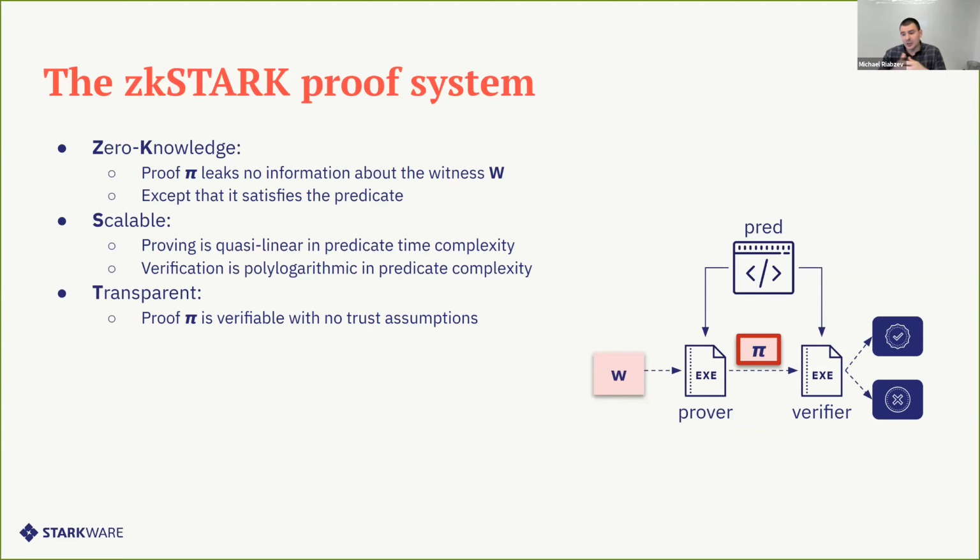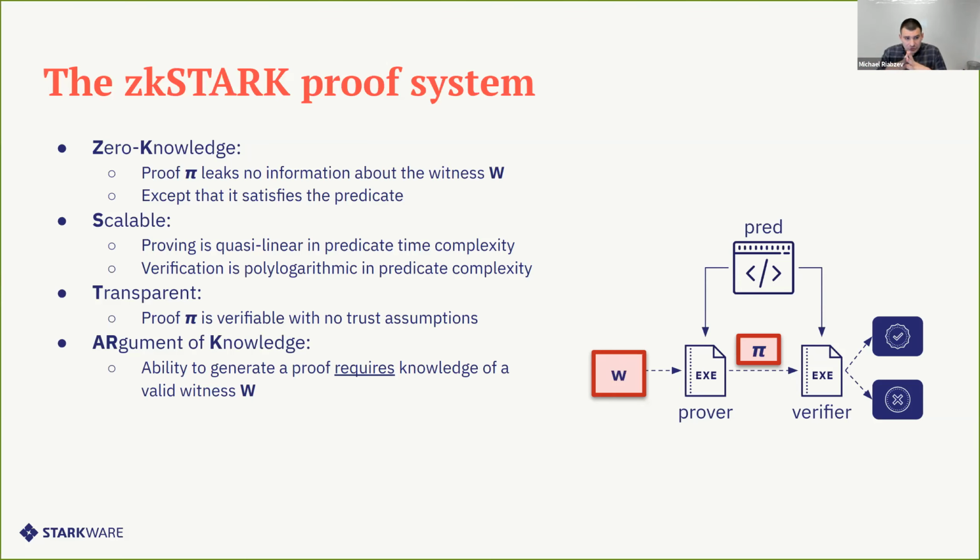It is in contrast to other proof systems that would require a trusted setup, where if something leaked there or somebody tampered with the setup phase, they could forge a proof to any statement. This is not the case in STARK. If you could generate a STARK proof, then you really proved the statement. You cannot just forge it.